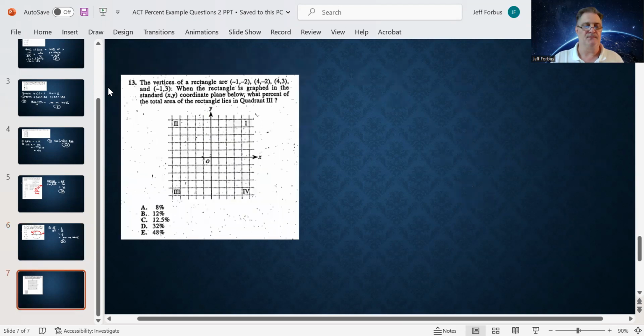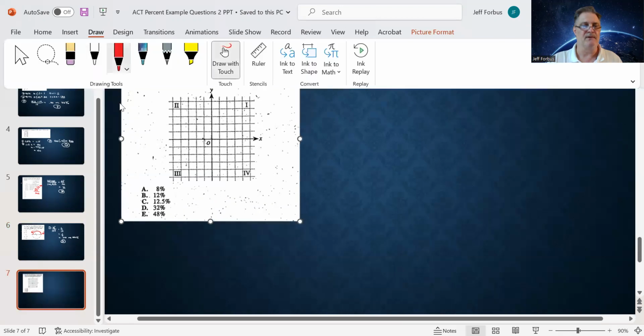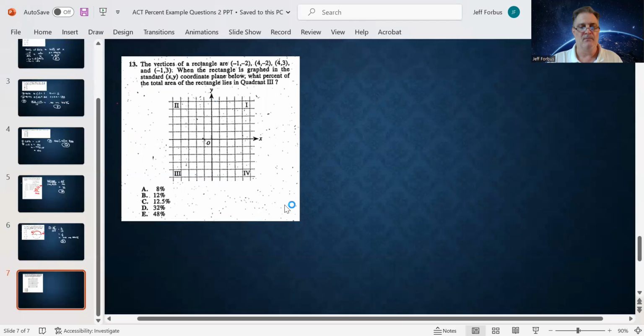Okay, let's move to the last question. Now, I'm going to move that up a little. I'm going to change my pen color to red because I'm going to write on this one. Maybe expand it just a little. So the vertices of a rectangle are -1, -2.